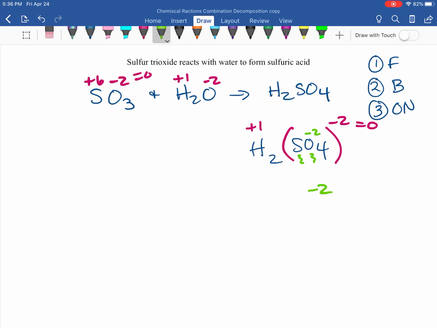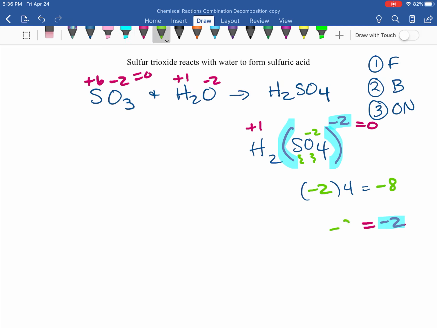But now let's take a minute and actually figure out the sulfur and the oxygen. Our oxygen will follow the rules. It is the most electronegative. It's a -2, but you have 4 of them. That's a -8.